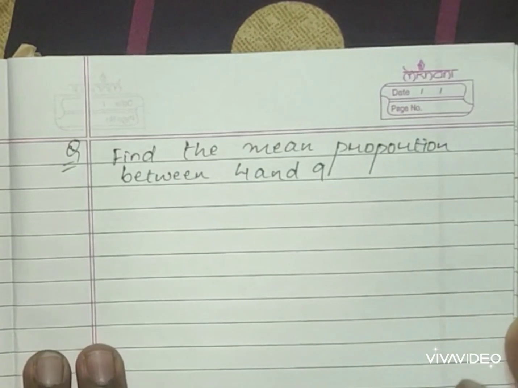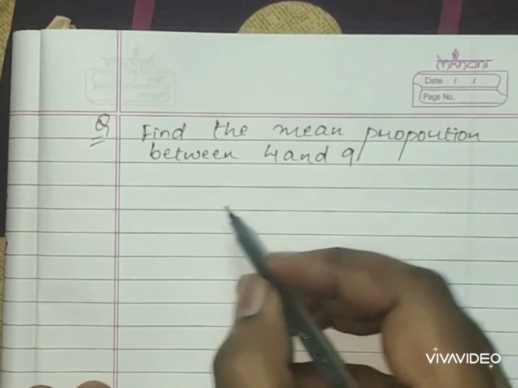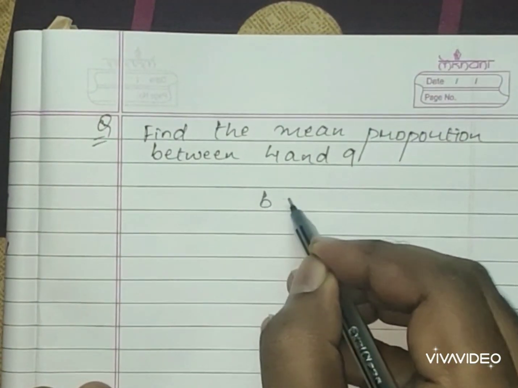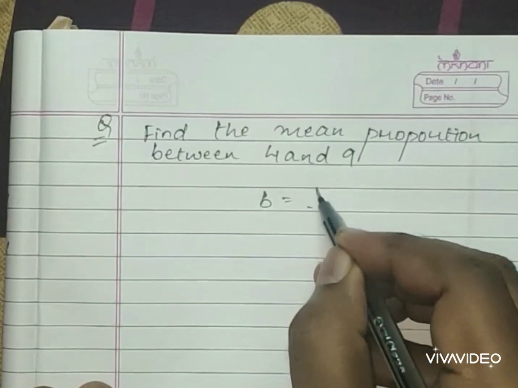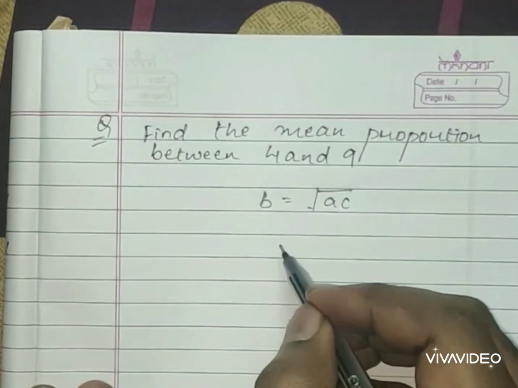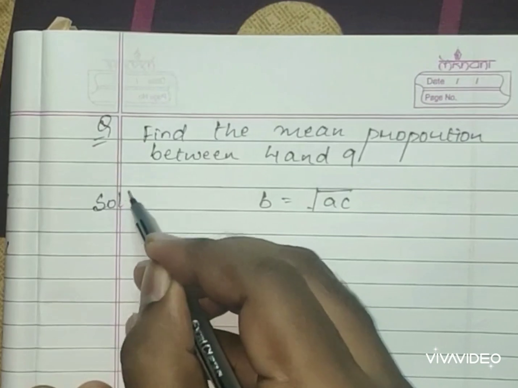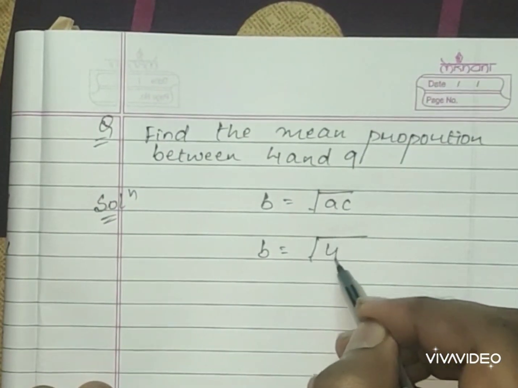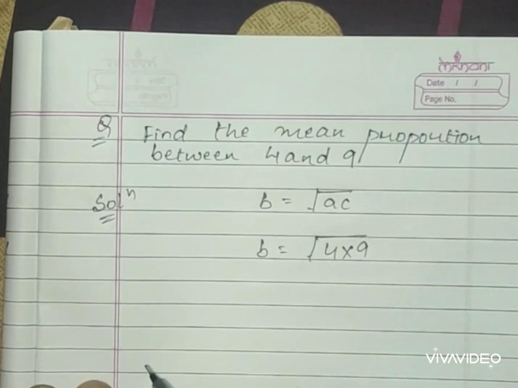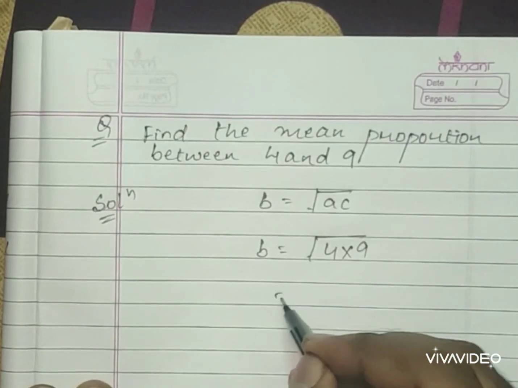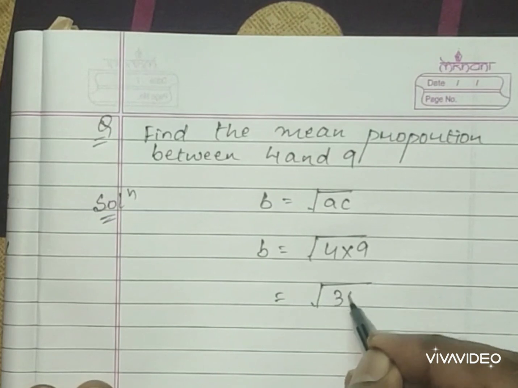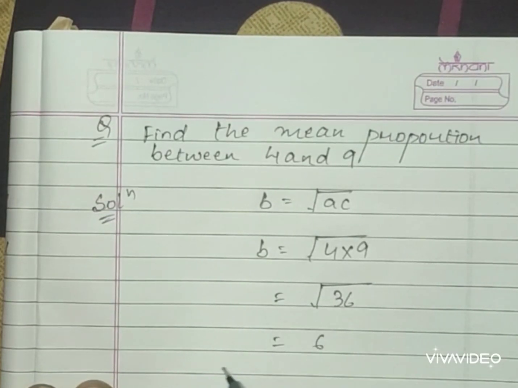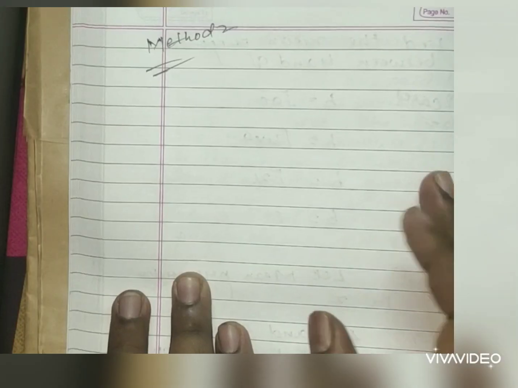Okay, so let's see. B is equals to root AC. This was the formula as you have seen previously. So B, 4 into 9, that is root 36. So the square root of 36 is 6.